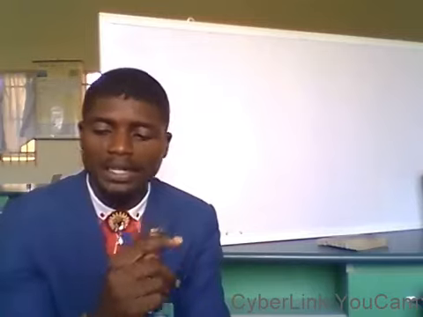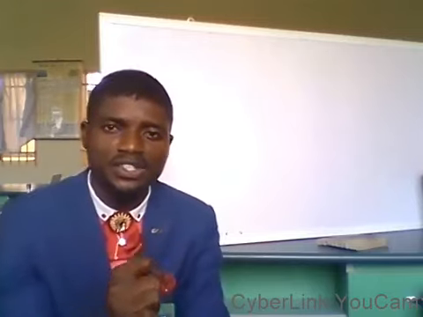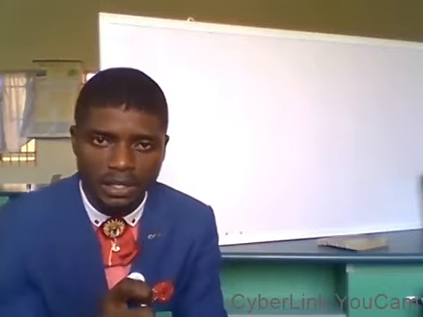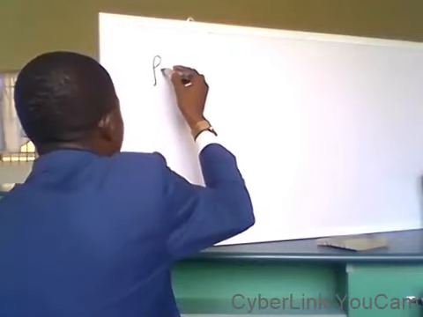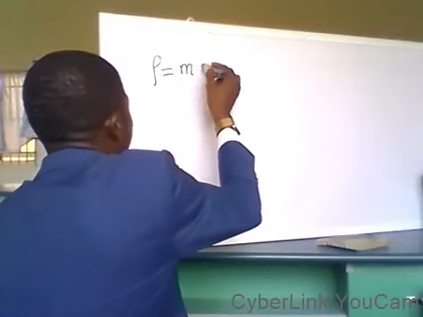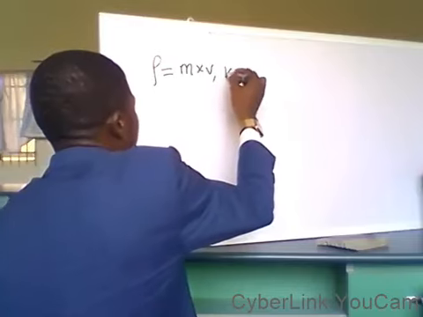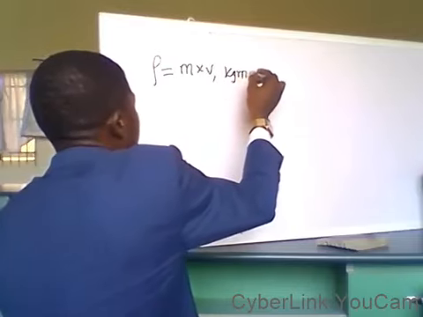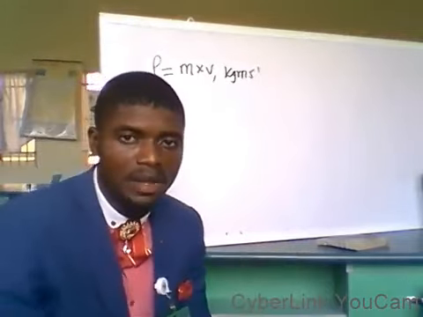What do you mean by linear momentum? In physics, linear momentum is defined as the product of mass and velocity. P is equal to mass times velocity, measured in the SI unit of kilogram meter per second.